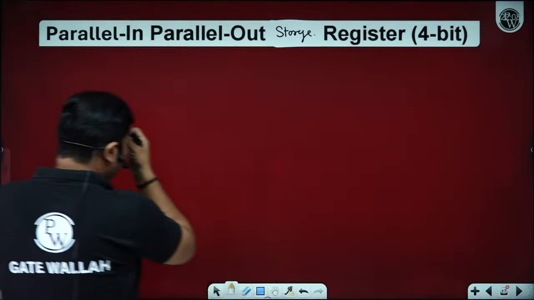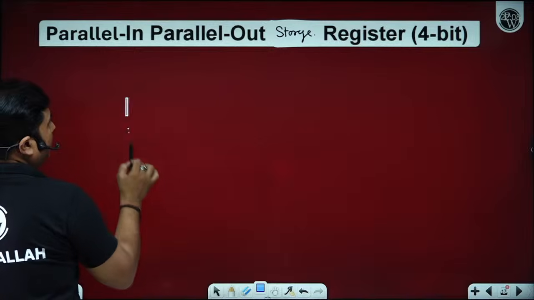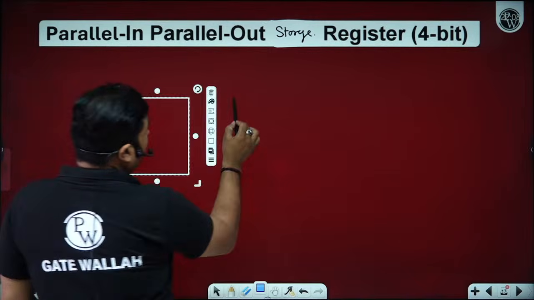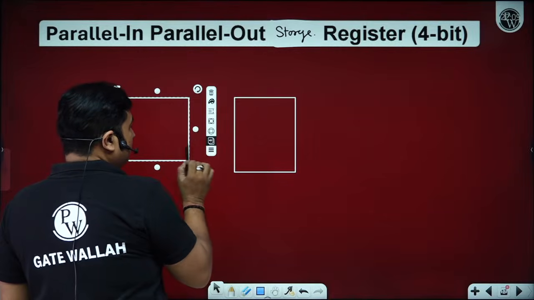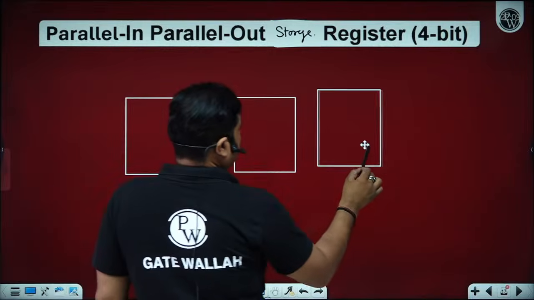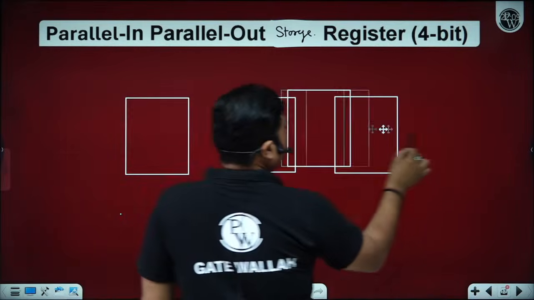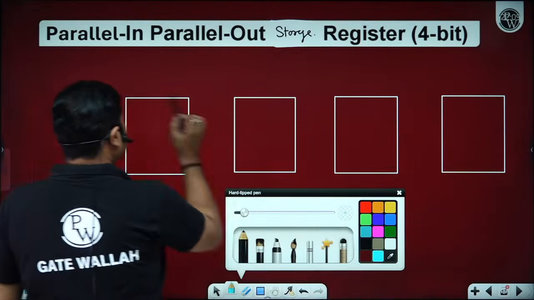Great. Now please observe, Betaji, how a parallel in, parallel out register will operate. If you observe a parallel in, parallel out 4-bit register, you can see it can't work as a shift register.